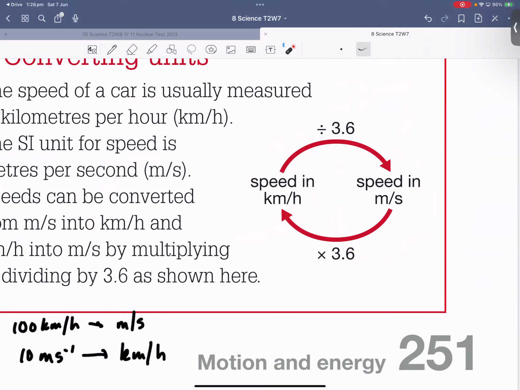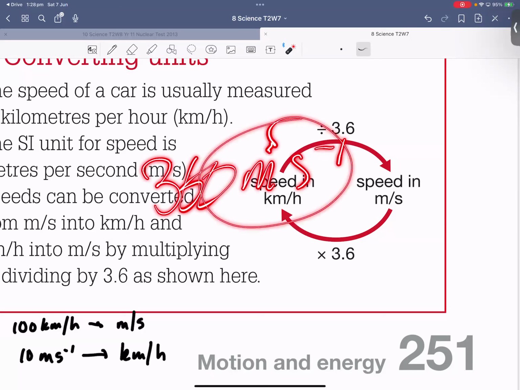This is the way you remember. If I'm going 100 kilometers in 1 hour, let's just say I times by 3.6. There's no way on the freeway you see a car going at 360 meters per second, right? I mean, you look out the window. 360 a second is like a 400-meter race in 1 second. No, hence you divide.